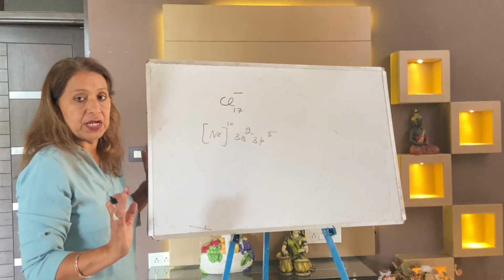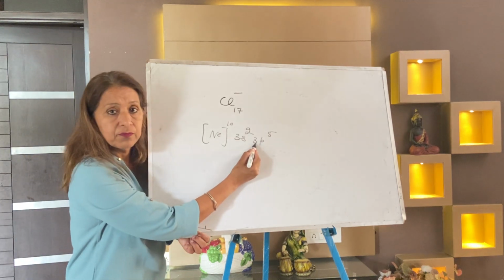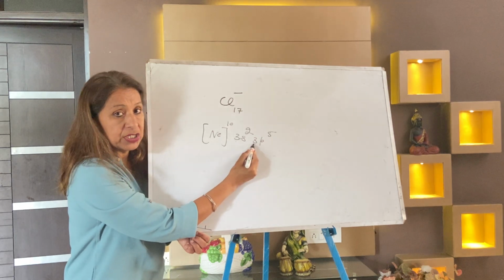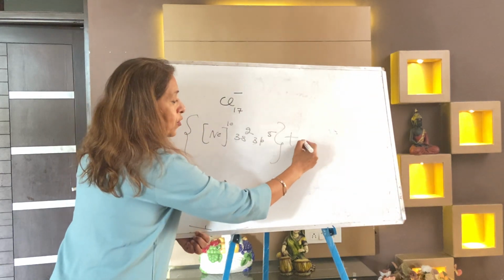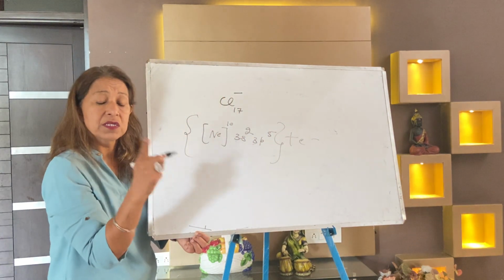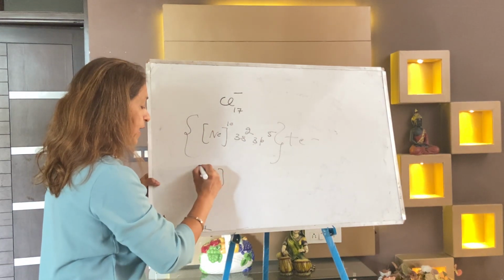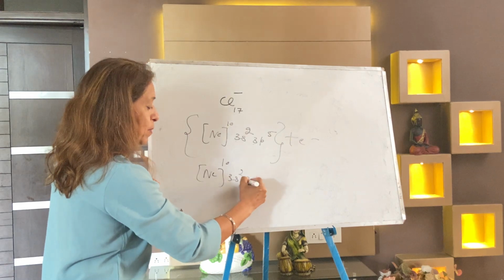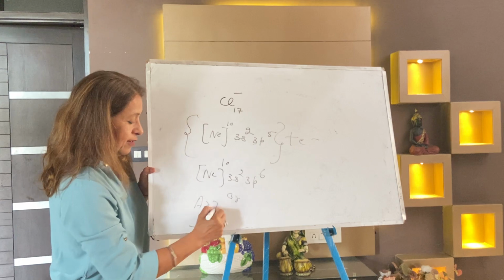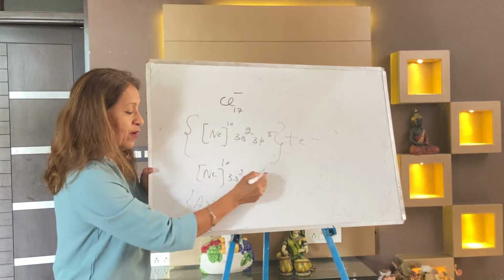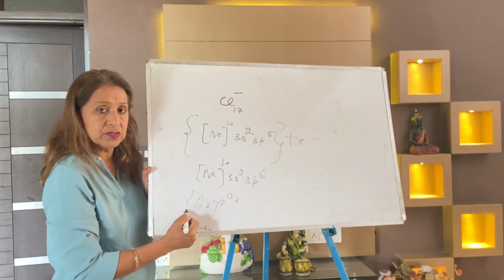There is no ascending order change now, because it is 3 and 3; it remains as such. Make a bracket and add 1 electron, because the charge is minus 1. Add the electron in the outer one. Your answer becomes neon 10, 3s2, 3p6, or you may write argon 18. Both are correct.